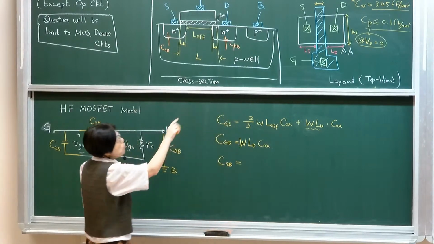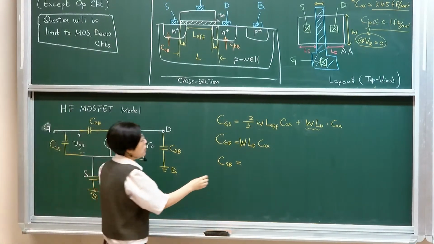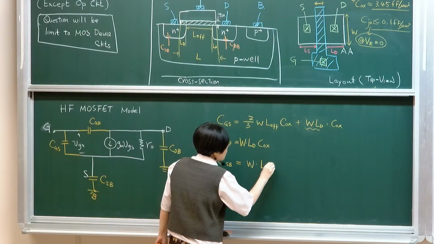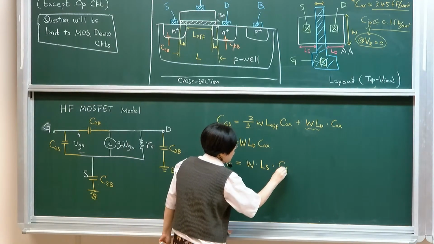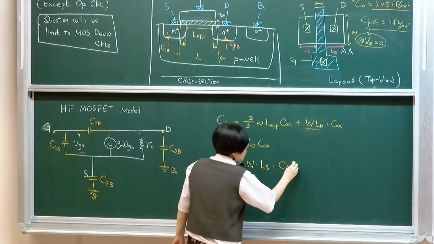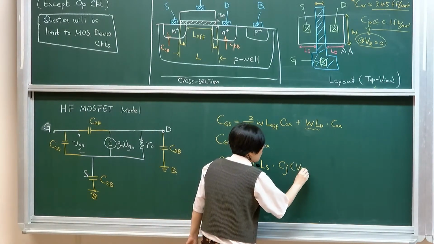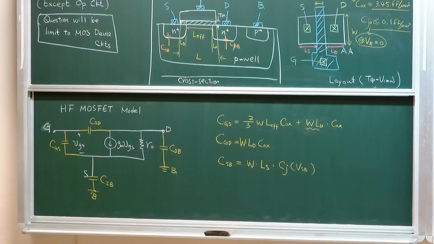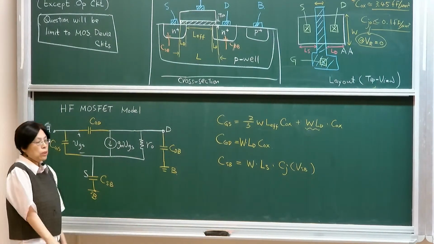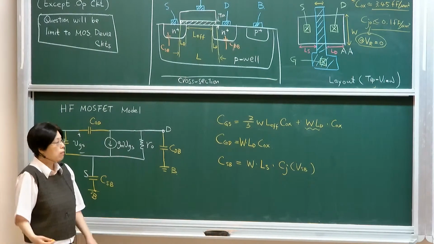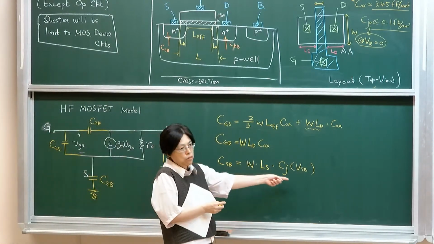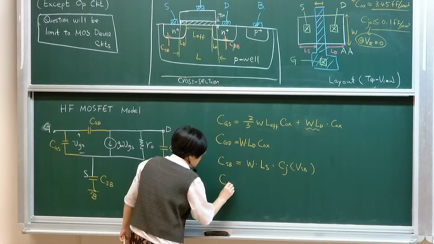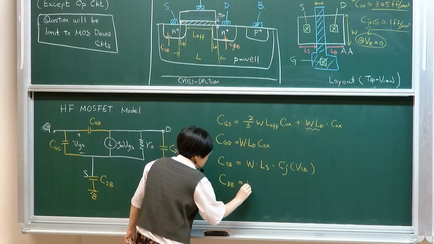It will also be determined by the area. Area is determined by W LS times CJ. And of course, CJ is a function of source to body potential. If your source and body is grounded, you simply use CJ0. And CDB will be the same.